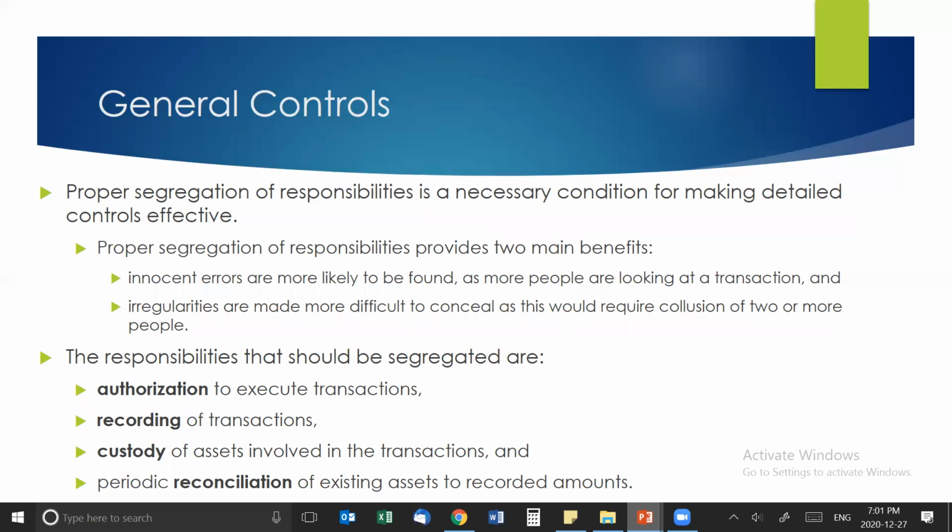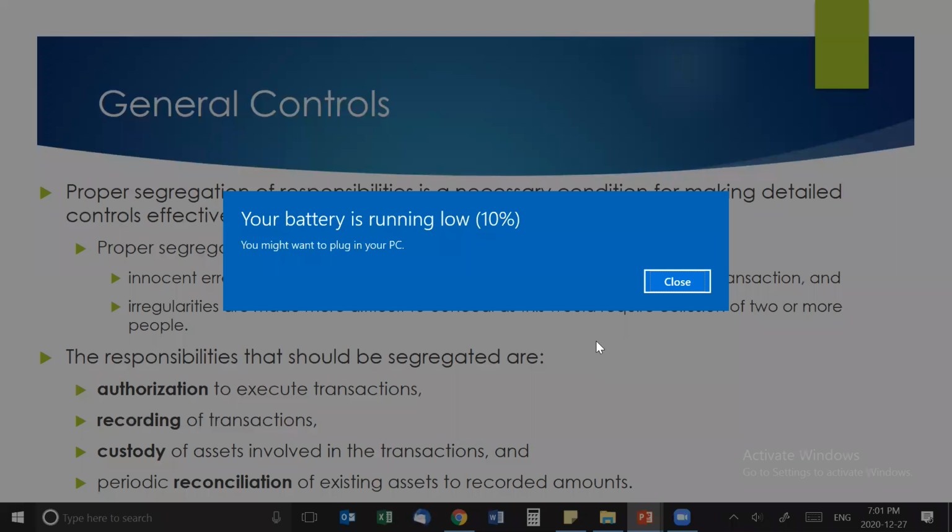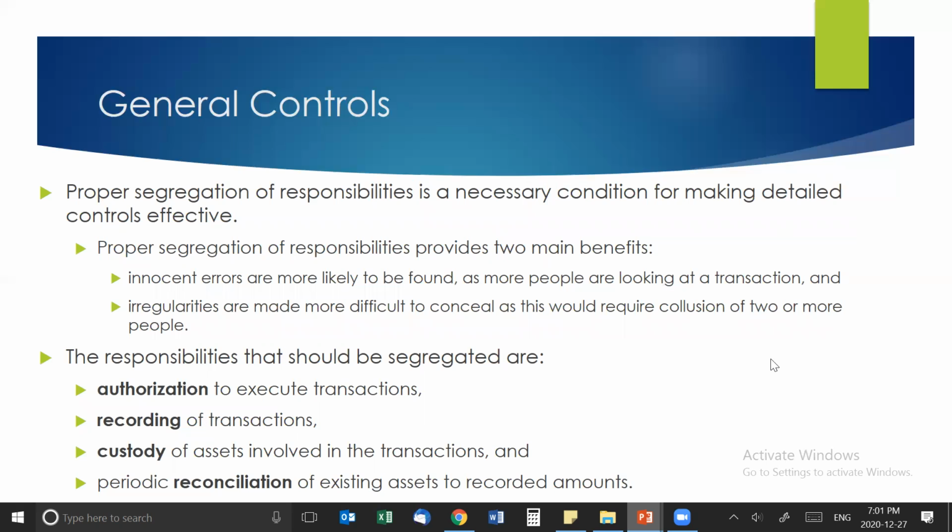Having segregation of duties, or segregation of responsibilities, is a really good control. There shouldn't be just one person collecting the cash, recording the cash, and depositing the cash.